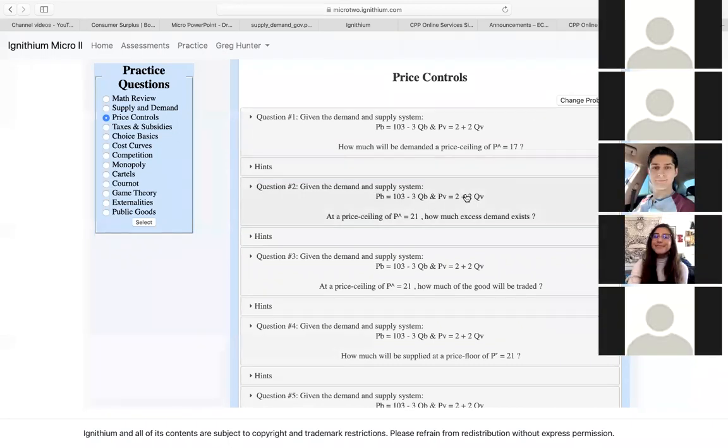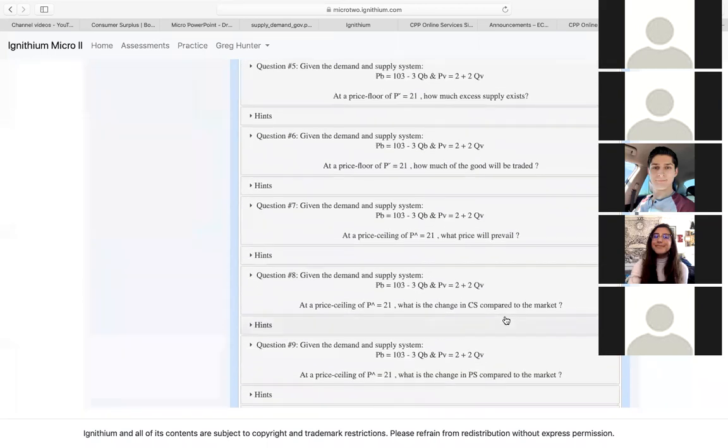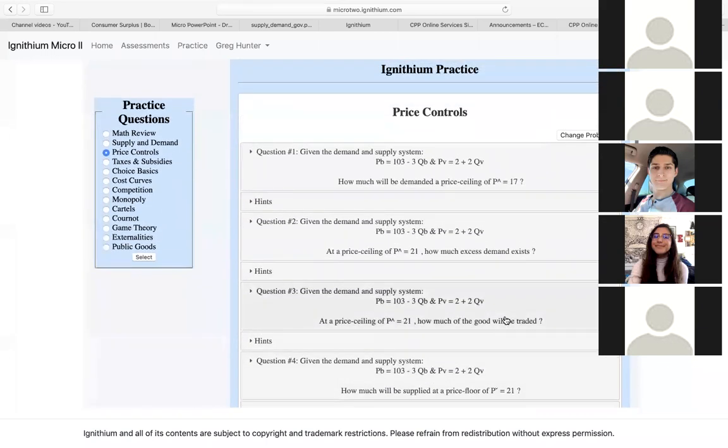So let's see. Sarah, you want to walk us through what you did? I'm still working on it, Professor. Okay. Did you go ahead and graph the demand and supply?